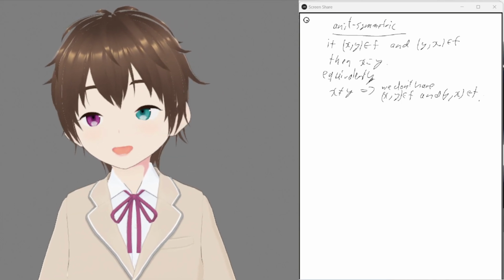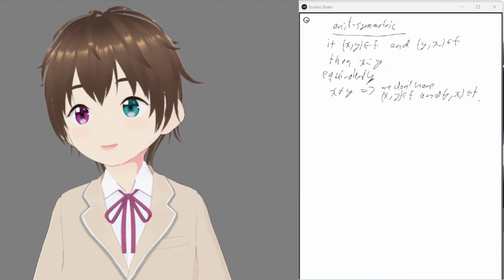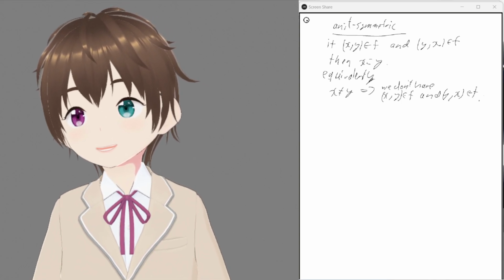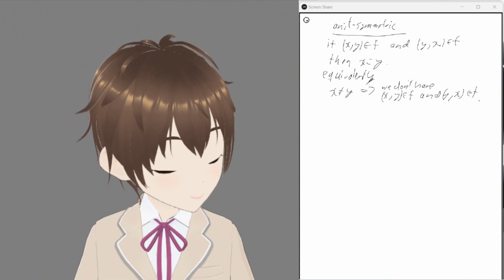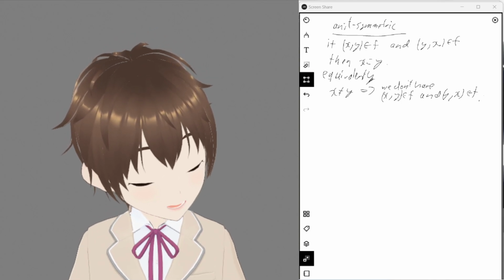If you think of this in the context of inequalities, if A is less than or equal to B and B is less than or equal to A, then A equals B. This is what we want. Anti-symmetric, as opposed to symmetric.